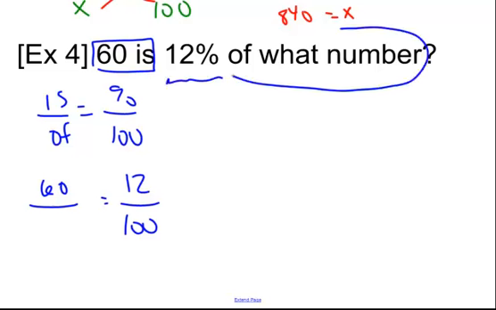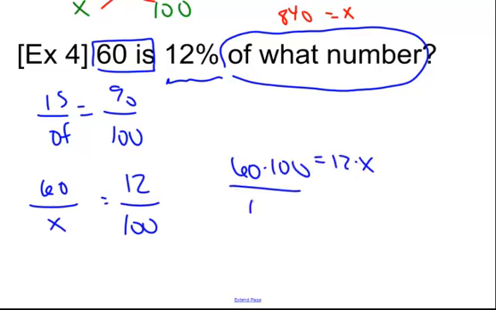Of what number? So our of is actually going to be x. And we would cross multiply. 60 times 100 equals 12 times x. 60 times 100 is 6000, right? So 6,000 equals 12x. And it's the same as 60 divided by 12, which is 5.